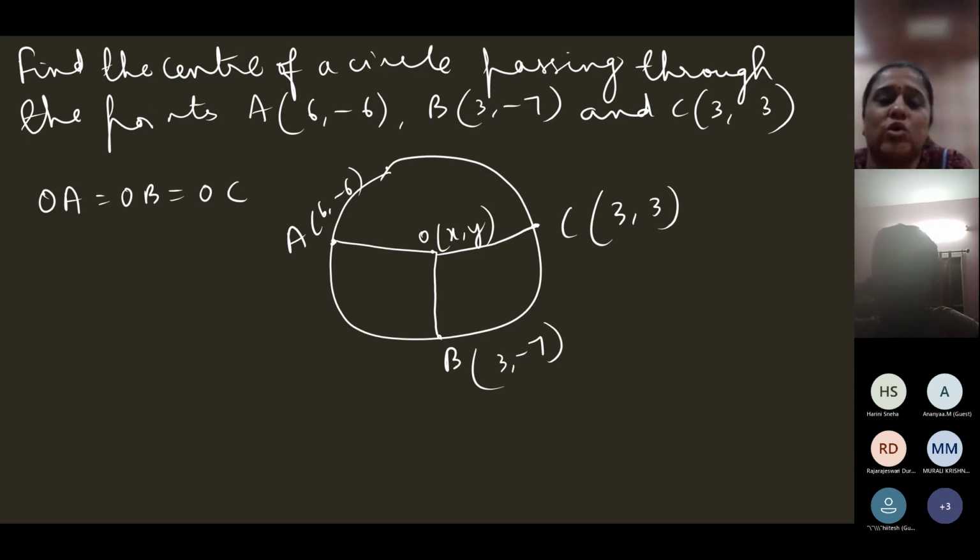So OA square is equal to OB square, that will give you one equation. OB square is equal to OC square, another equation. So from these 2 equations, you will get 2 linear equations in X and Y. Solve and find the values of X and Y.